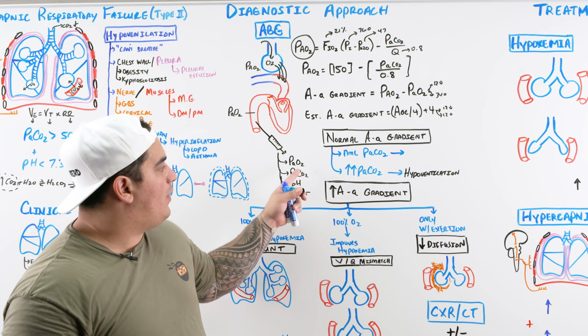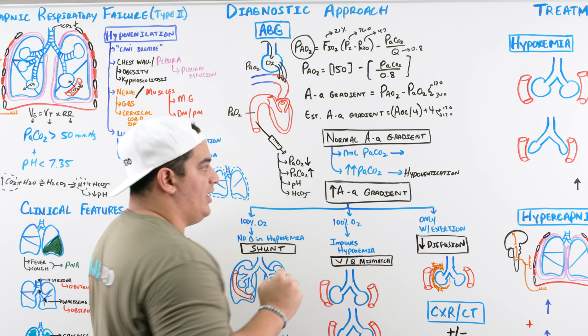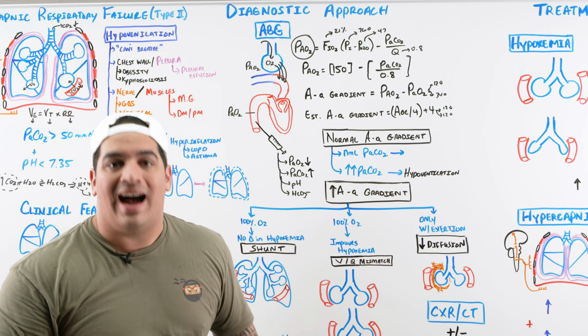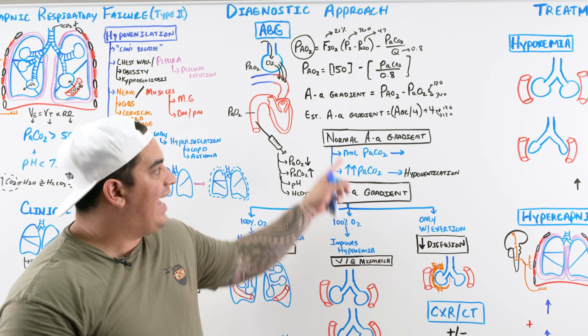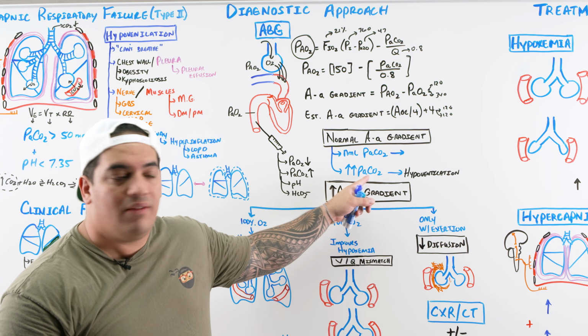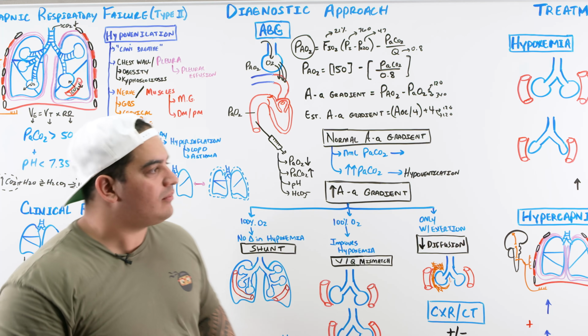So if the patient also has a low PaO2 and a high PaCO2, I can likely tell that their cause is due to hypoventilation, because I can calculate their AA gradient, and if their PaCO2 is also super elevated, it's hypoventilation.